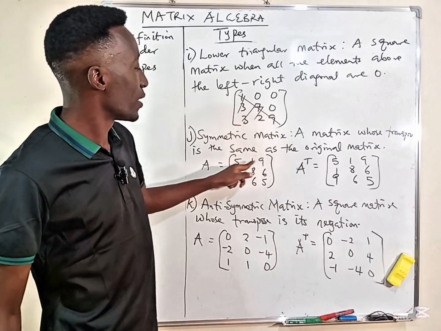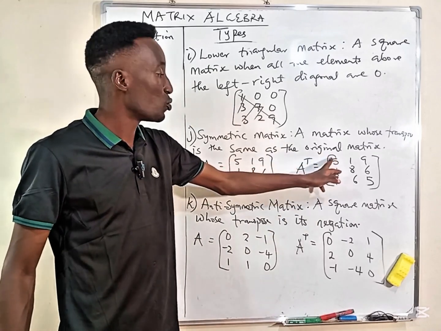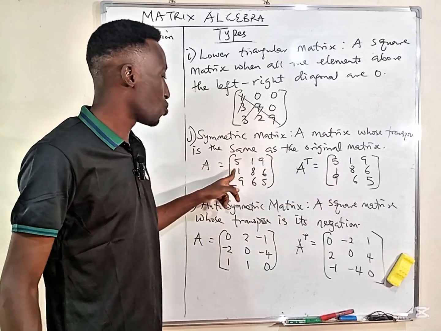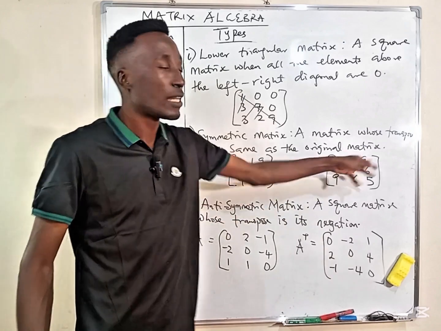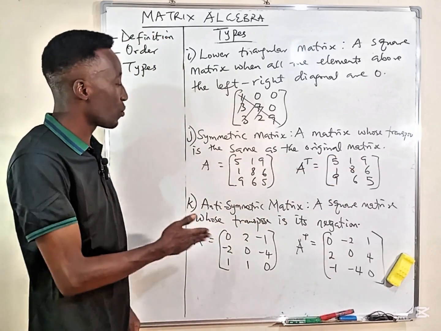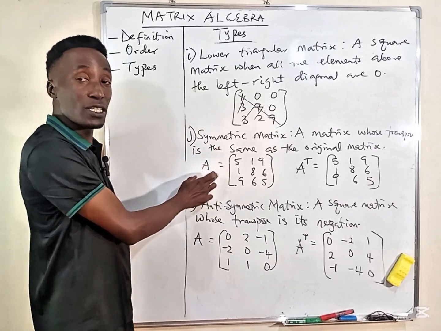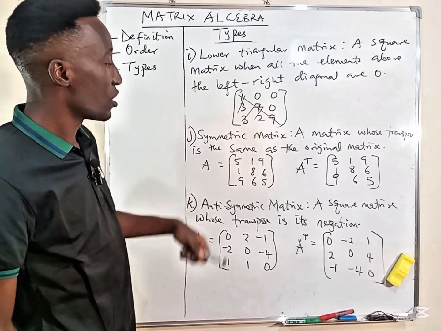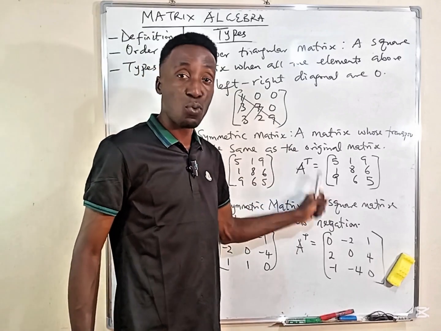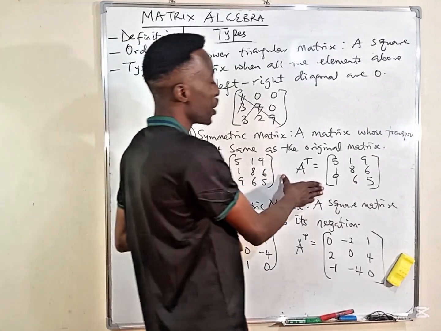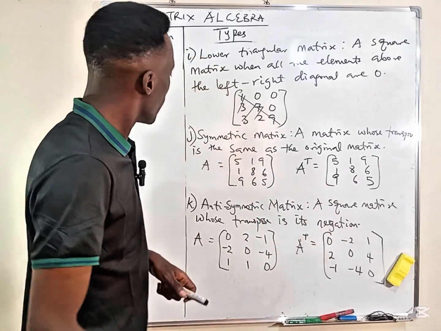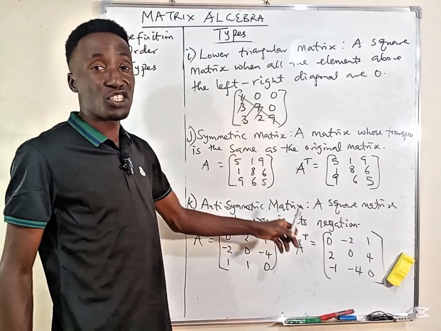That is 5, 1, 9 becomes a column 5, 1, 9. The next row 1, 8, 6 becomes a column, and 9, 6, 5 becomes a column. So the original matrix is equal to the transposed matrix, and we call this a symmetric matrix.